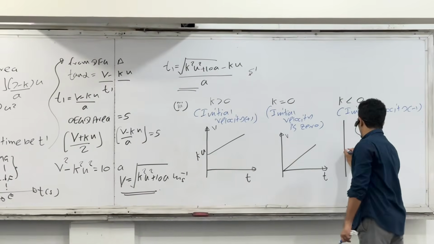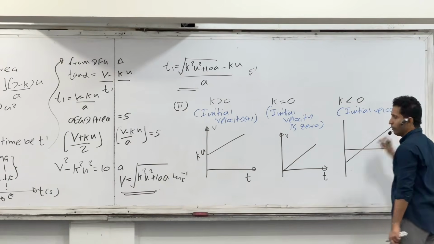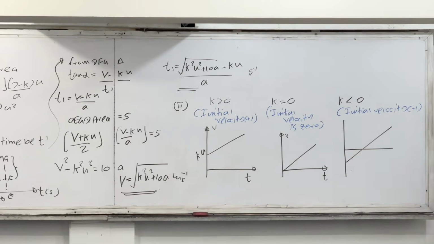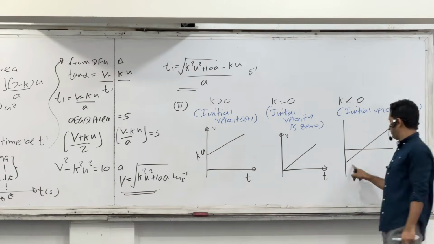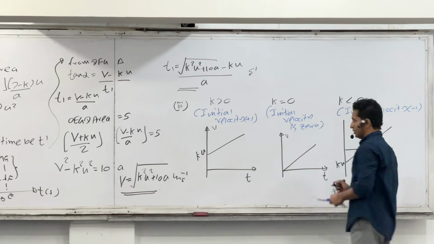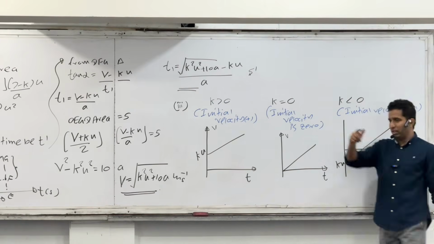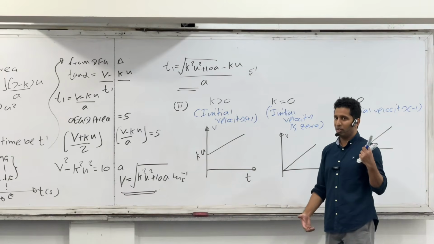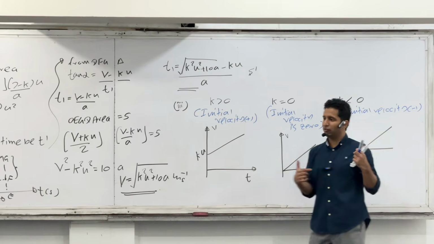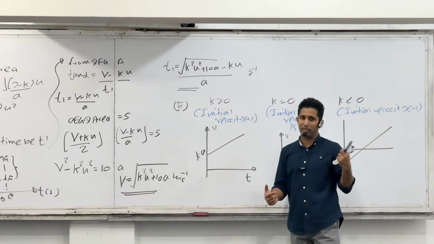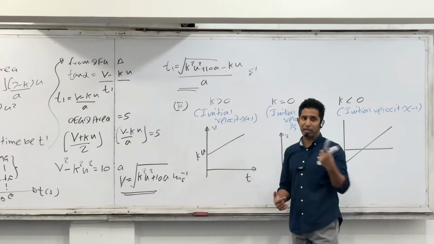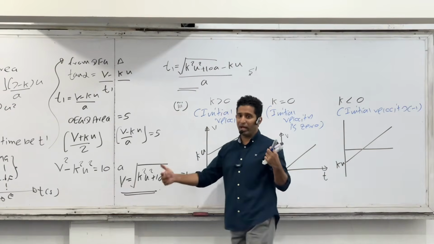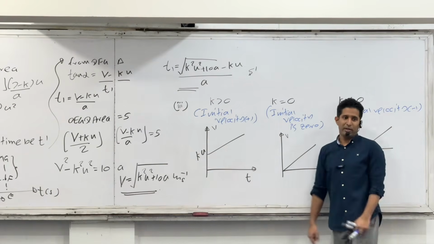Okay, the shape of the graph is like this. Can anyone of you explain this motion? Initially it has a velocity in this direction, but the acceleration is in the other direction. What will happen when the velocity is here and the acceleration is here? This acceleration acts as a retardation, and then it comes to rest and again goes the other way.